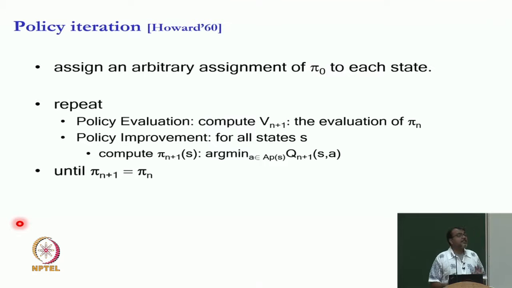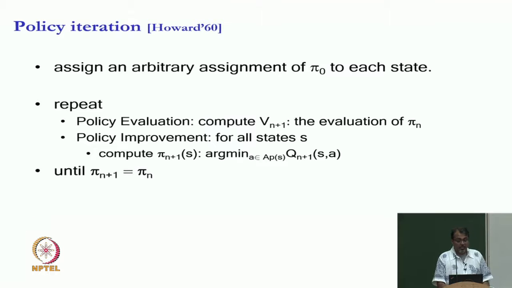Now, the idea is very simple. Just as we initialize the value function as V0, we will initialize a policy as pi 0 arbitrarily. Assign any action to any state, it does not matter. Then you repeat two steps. You first figure out how good this policy is, and then you make a move in the policy space so that you are better than the previous policy.